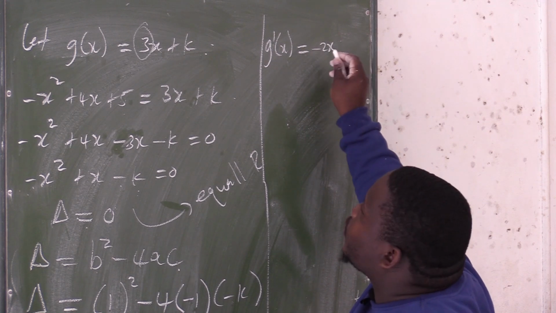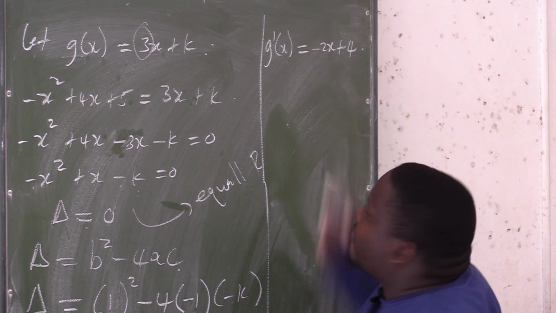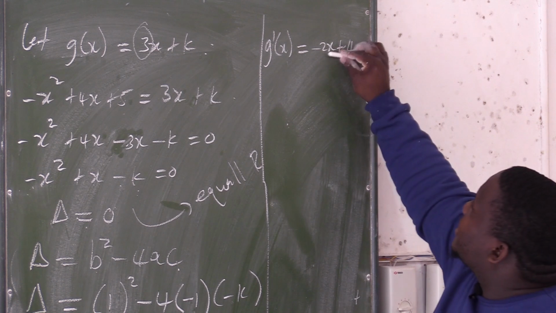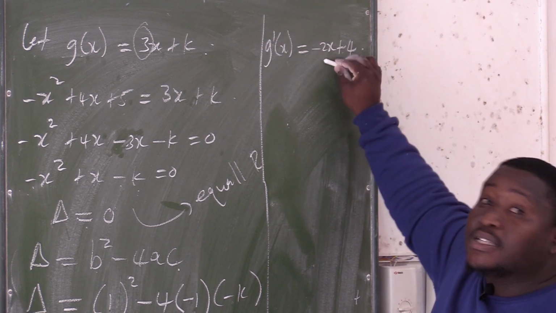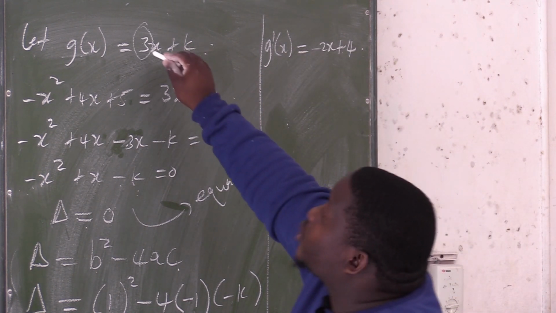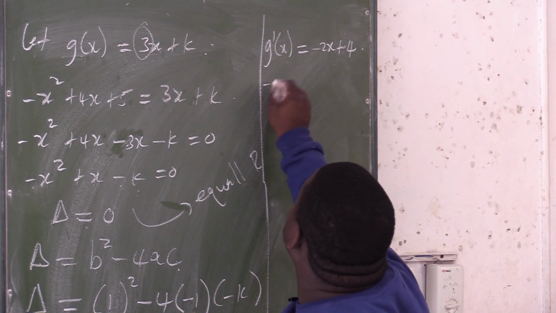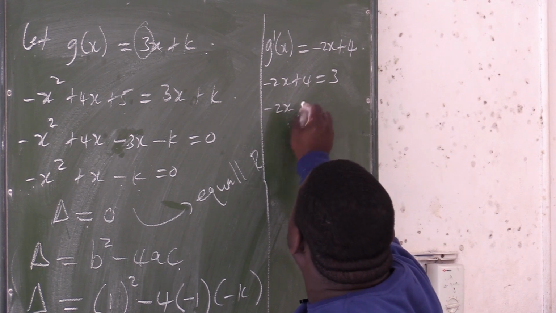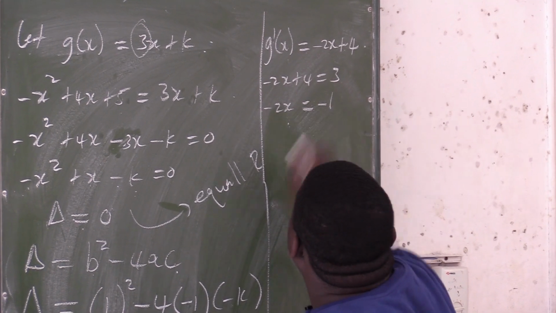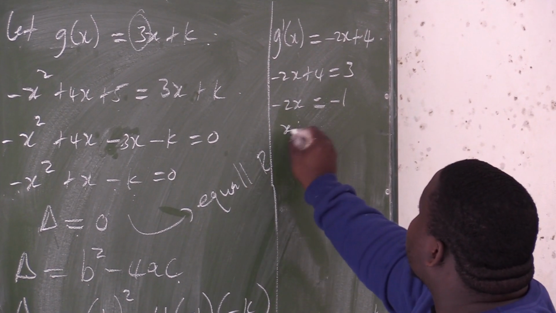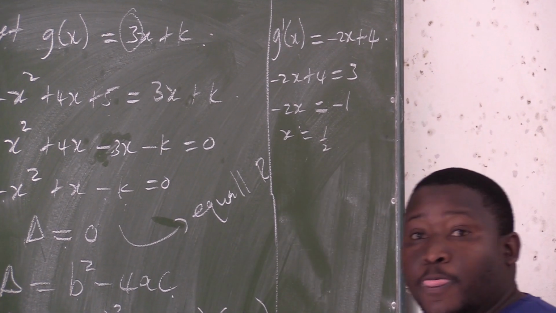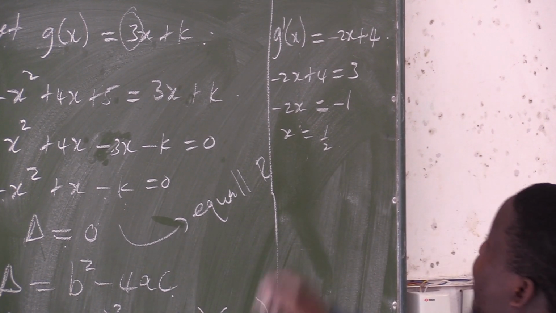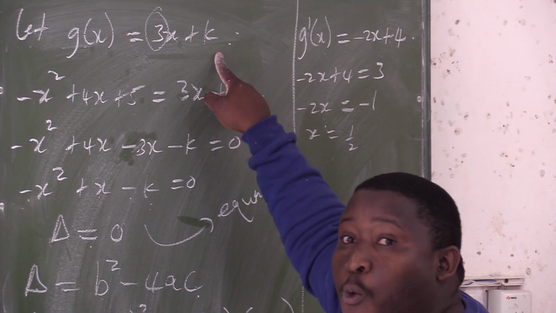It will be negative 2x plus 4. We then let this derivative, which is the gradient of the tangent at any point, be equal to 3. Then we say negative 2x plus 4 is 3. Then this is negative 2x, which is equal to negative 1.